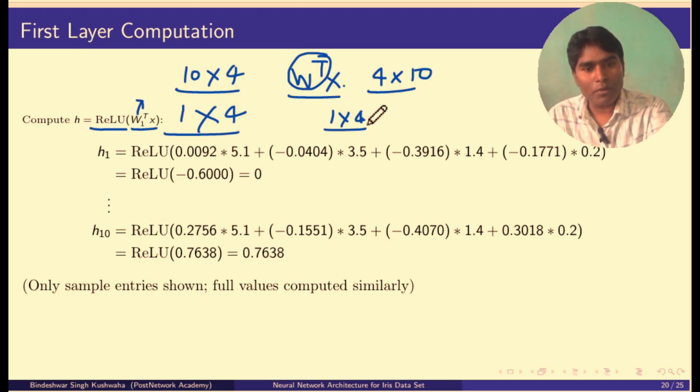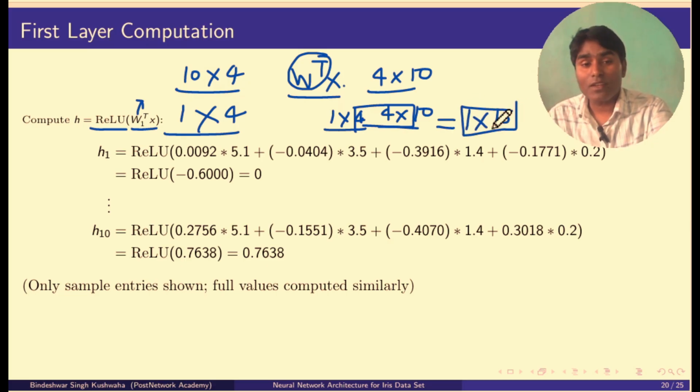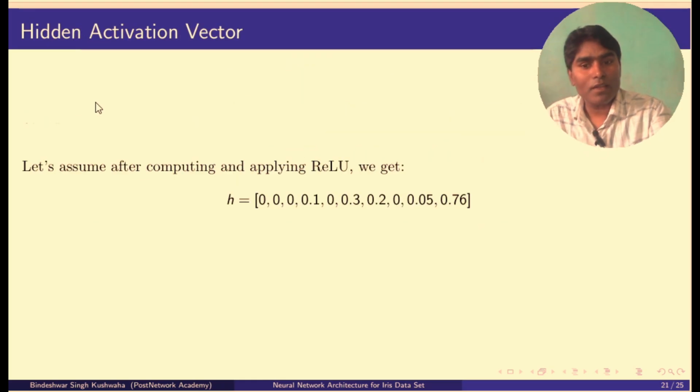You can multiply a vector with a matrix. It is so simple that a senior secondary student can understand. We will have a 1 cross 10 matrix, that is a vector, and we pass it into the ReLU function, and finally we get this 1 cross 10 vector.